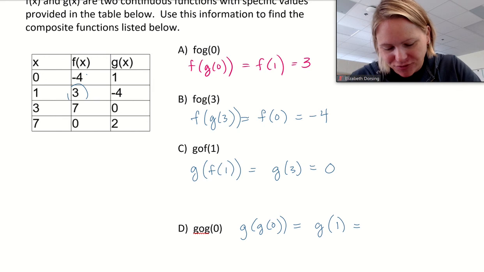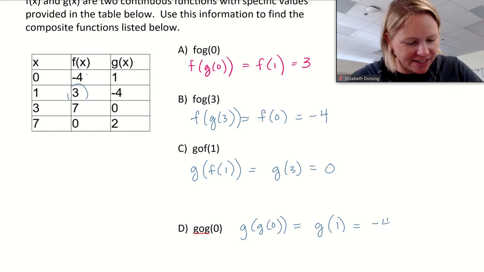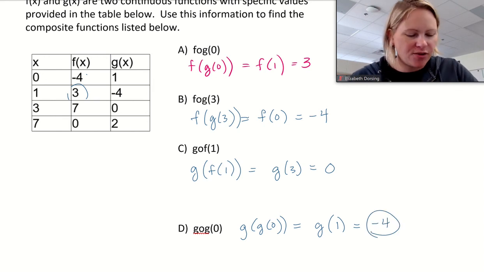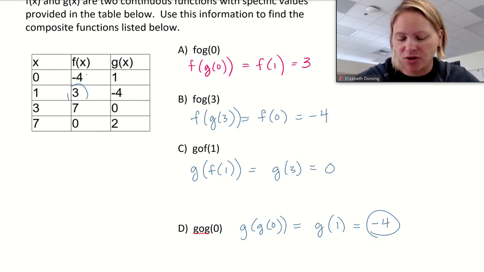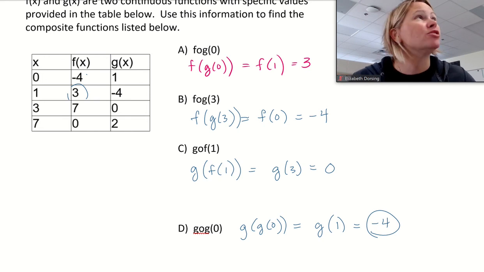So g of 1, my final answer is negative 4. So you have all these nested values, and so it's easy to get confused, and it's easy to lose your place in the table and kind of forget where you're going. So take it slow, and don't think too hard, because you might overanalyze. But this is how you would approach these problems.